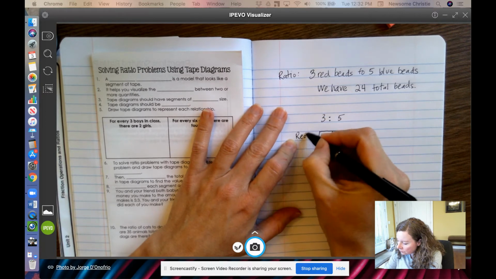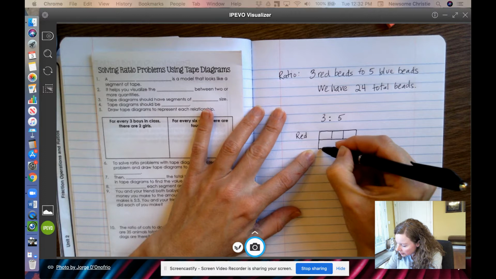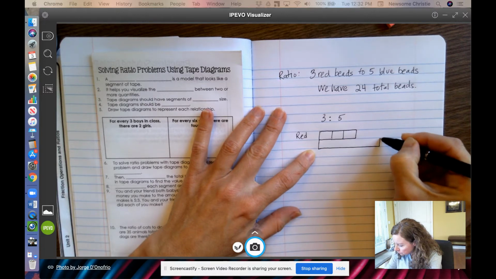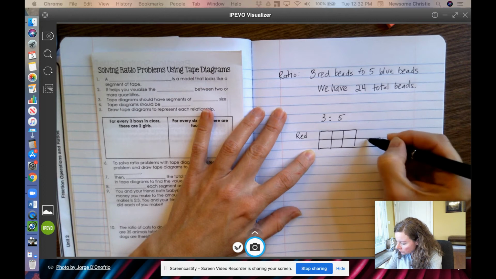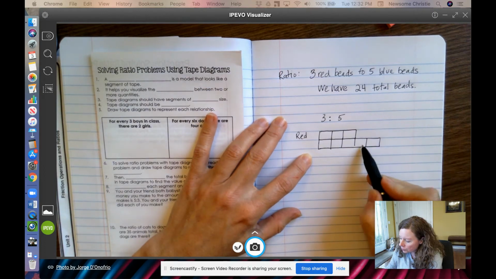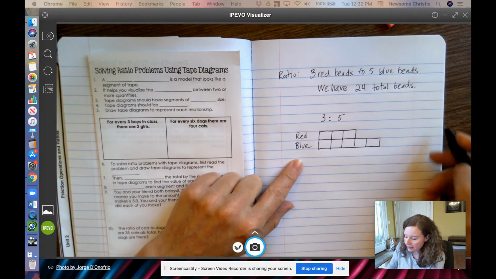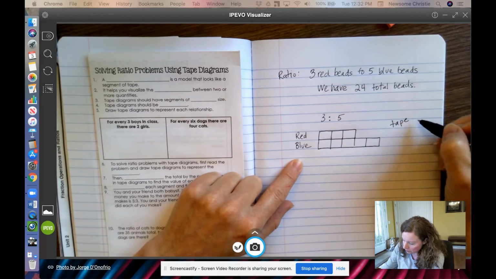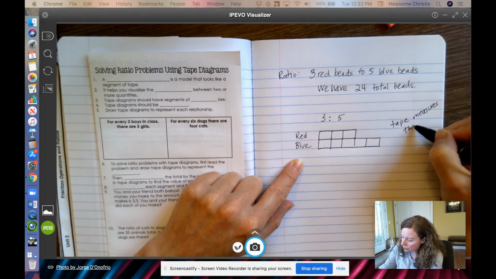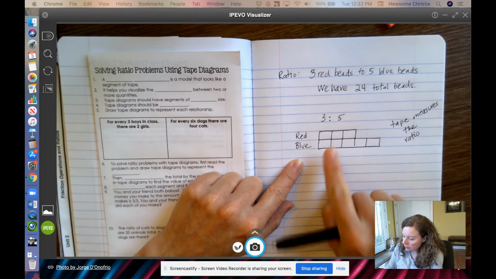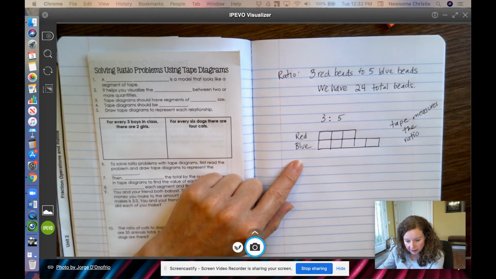And then I've got 5 blue beads, and so right under it I'm going to show my 5: 1, 2, 3, 4, 5 blue beads. And so my tape measures the ratio, 3 to 5. And so I started filling that in.